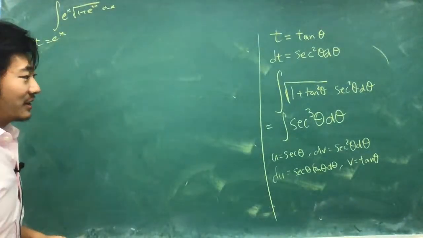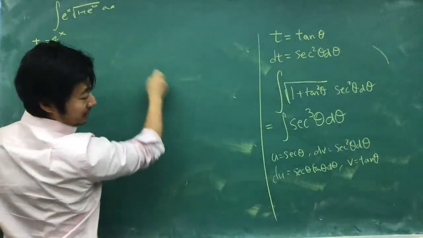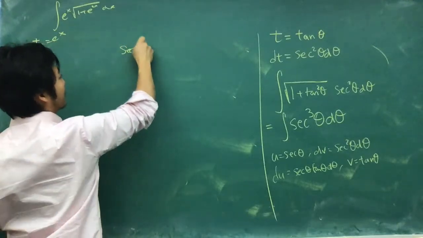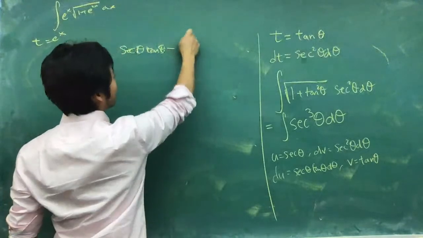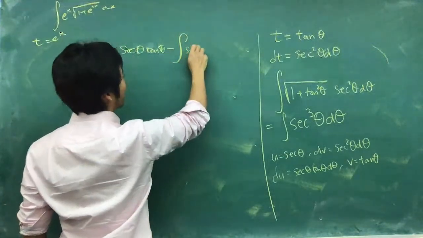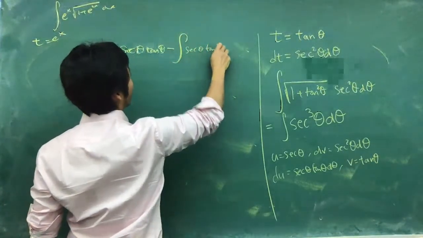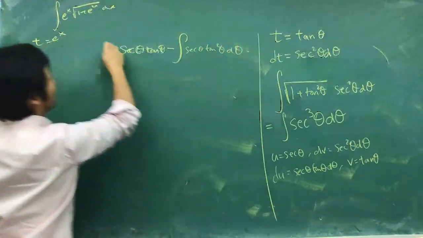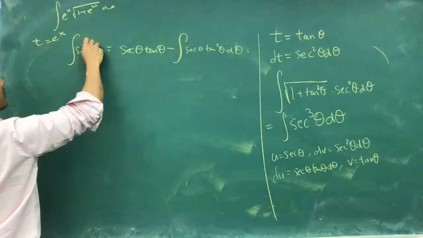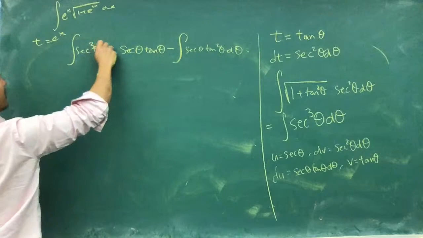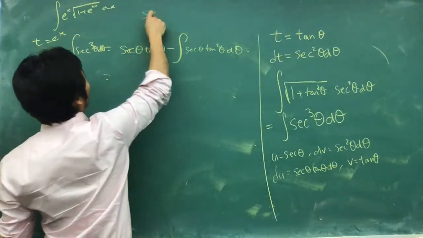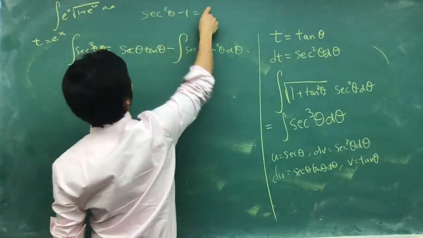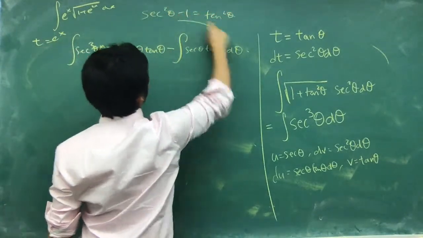And so this becomes uv, which is secant theta tangent theta, minus the integral of secant theta tangent squared theta d theta, which is equal to the integral of secant cubed theta d theta. But then tangent squared is secant squared minus 1. So we plug that into here.